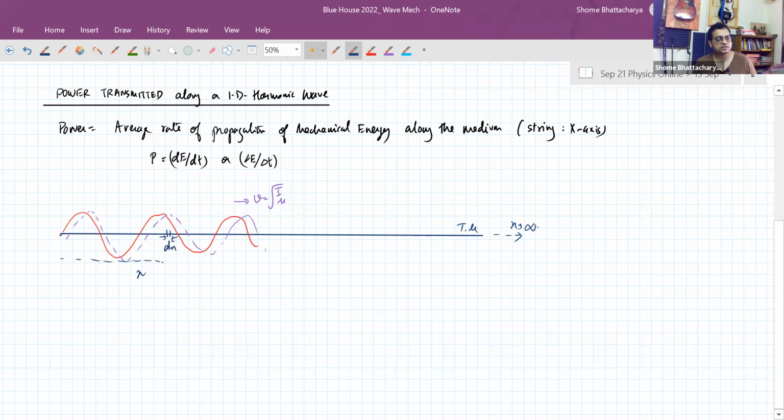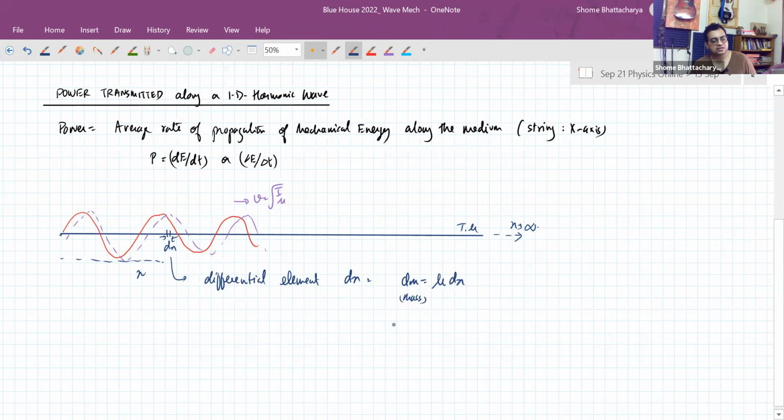So this section is like a differential element dx. It has a mass dm which is mu, that is linear mass density, into dx. So this is the mass of that section.